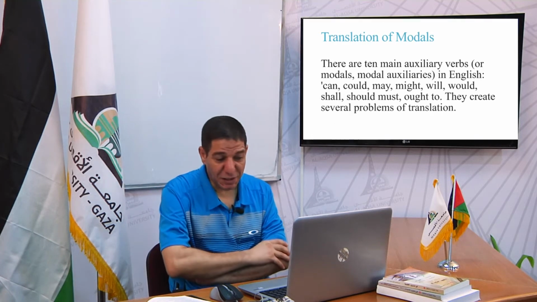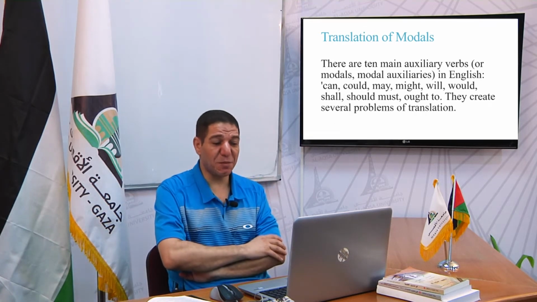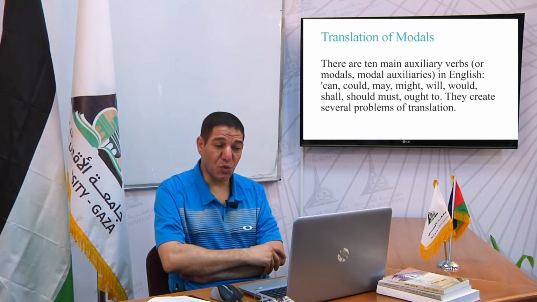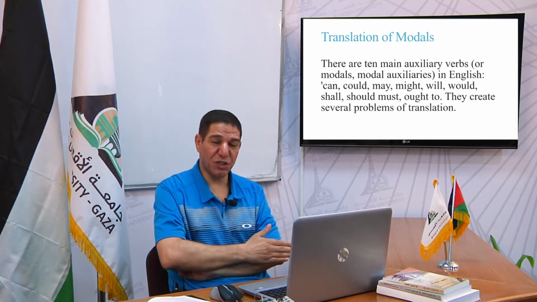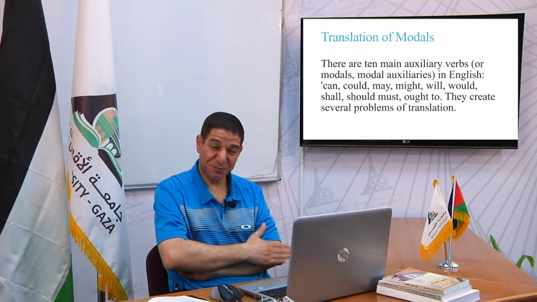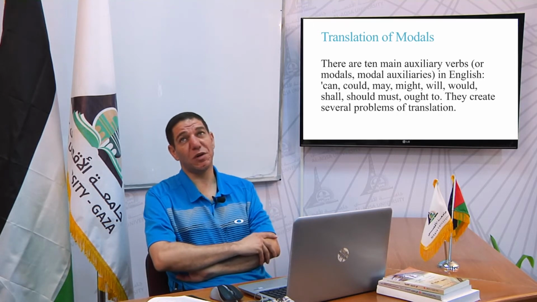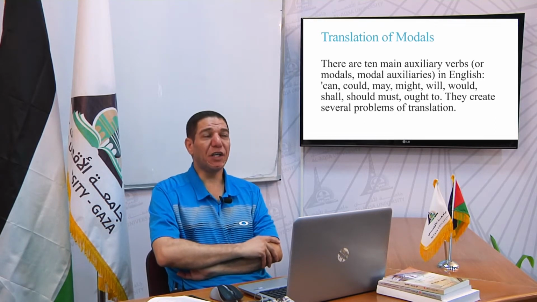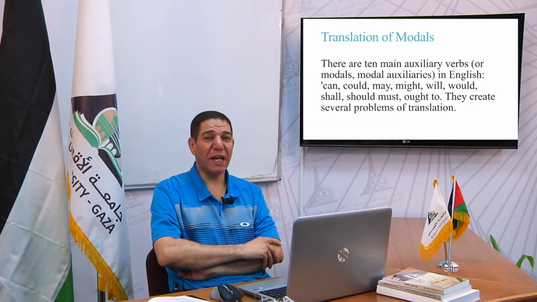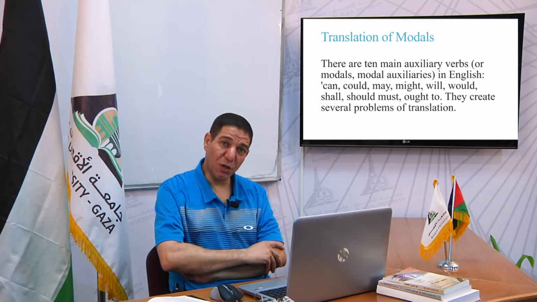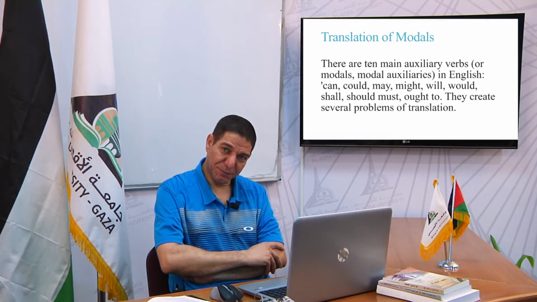Would is dealt with in English as the past of will, but does it all the time function as the past of will? For example, when I was a child, I would go to the lake with my grandpa every day. How are you going to translate this?